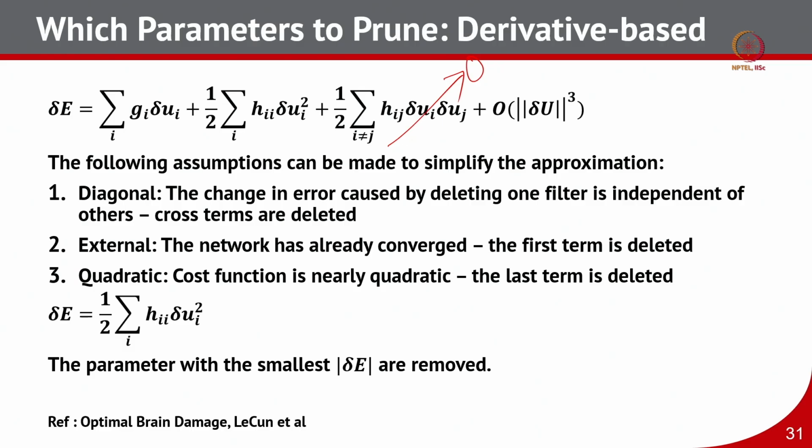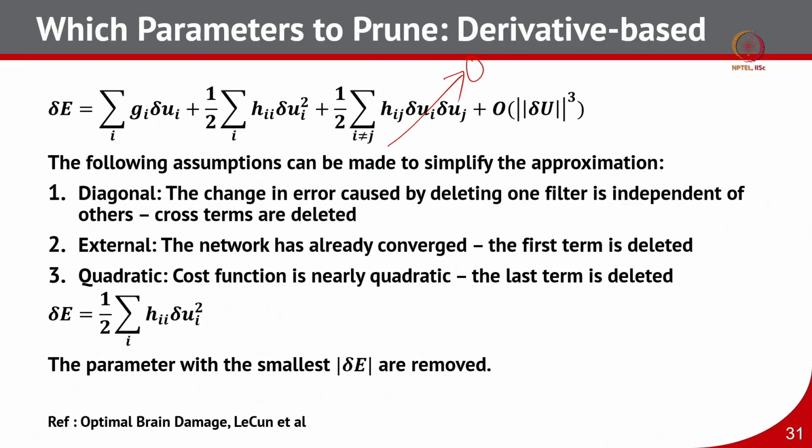If we do two experiments, where we prune W1 and take the accuracy, and then prune W2 and take the accuracy, those two are independent. So the change in error caused by deleting one filter is independent of others.